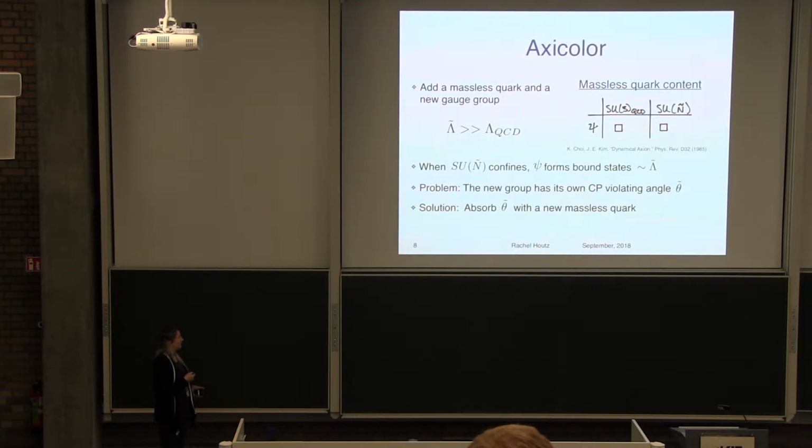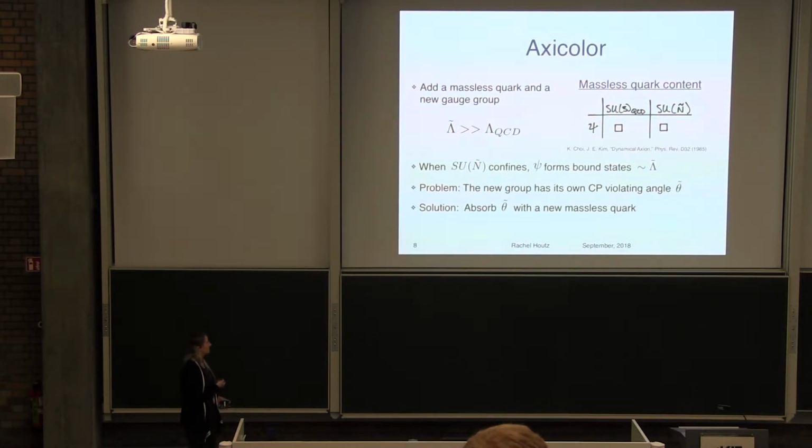When this other gauge group confines, the massless quark forms bound states at lambda tilde. The problem is, though, if you introduce a new non-abelian gauge group, you introduce a new theta angle, or as in the last talk, the idea that adding these new interactions might shift around your solution to the strong CP problem.